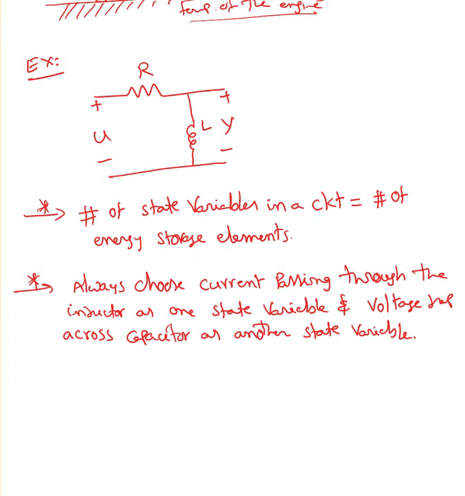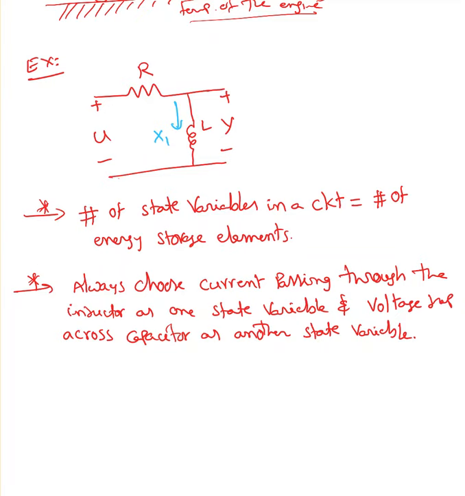Next, always choose the current passing through the inductor as one state variable, and if you have a capacitor, then choose the voltage drop across the capacitor as another state variable. Here I have an inductor, so I choose the current passing through the inductor as the state variable, x1, in amperes. Most probably your textbook is going to choose x1 as I1.